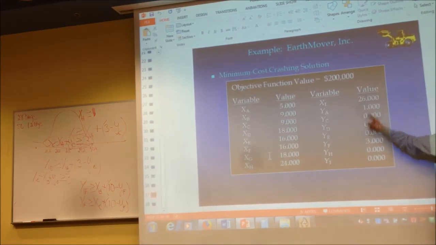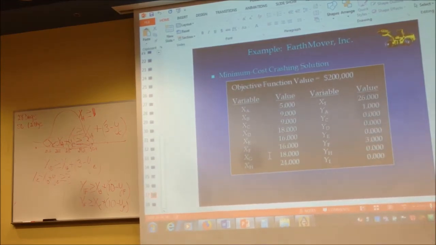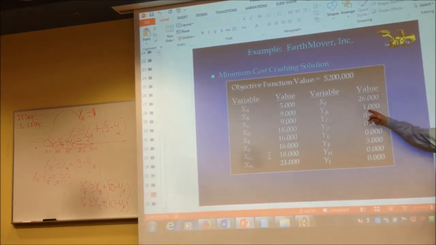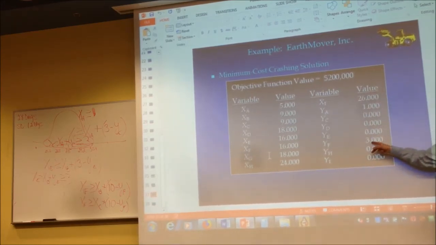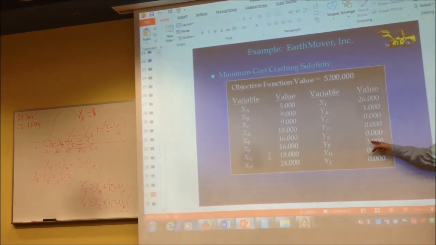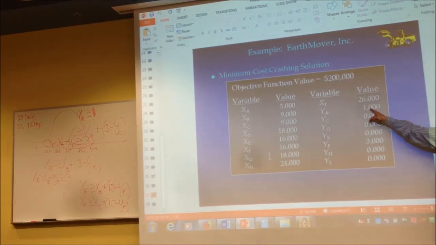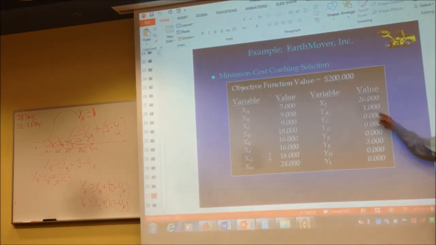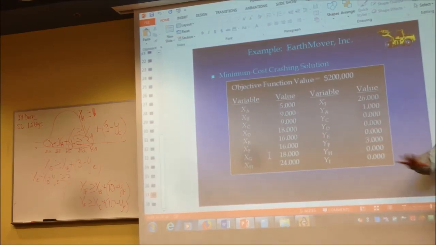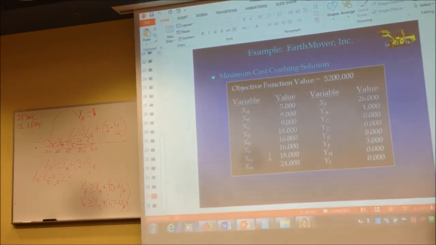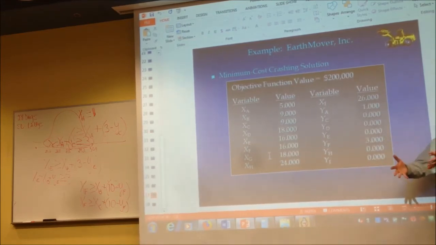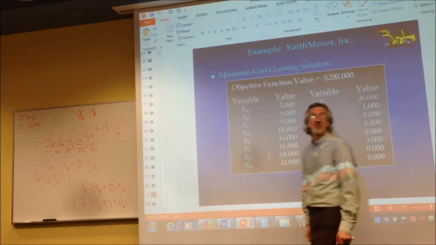Looking at A, which we did at 20,000 times 1, 200 minus 20 means this is 180, so F must have been 60,000. 60,000 times 3 is 180,000, plus 20,000, that's how it got to 200,000. And that's the least expensive way to get this to 26 weeks out of all the possibilities. So just go right in and say, we're crashing F, we're crashing A, here's how many we're doing, and here's how much we're spending to do it.